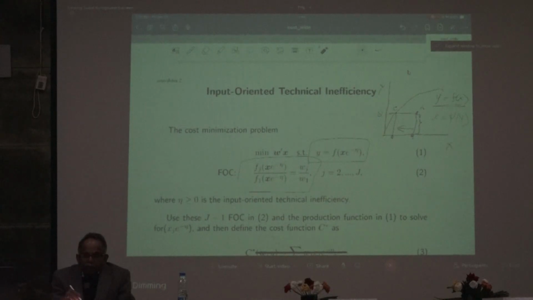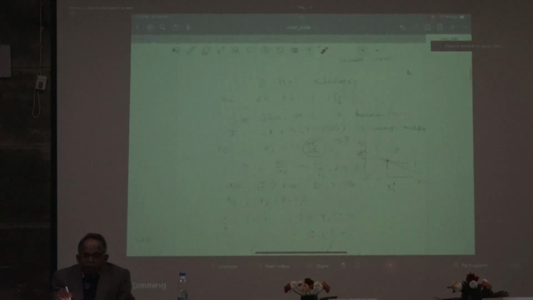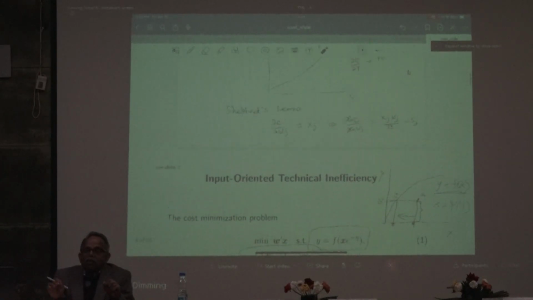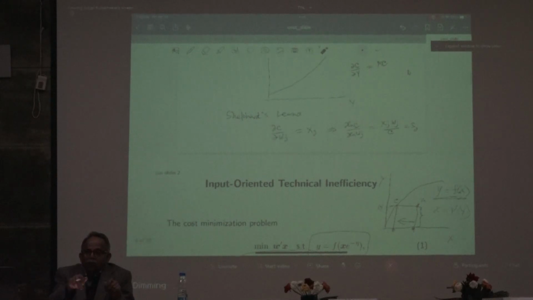Okay, so now write down the first order condition. What is the difference between this and the one that I showed you? This was y equal to f of x, and this time you have y equal to f of x times e to the power minus eta. This is what I always tell people: if you have difficulty following the math, keep a picture of the previous one in your mind, and ask what is the difference between what you saw before and now.